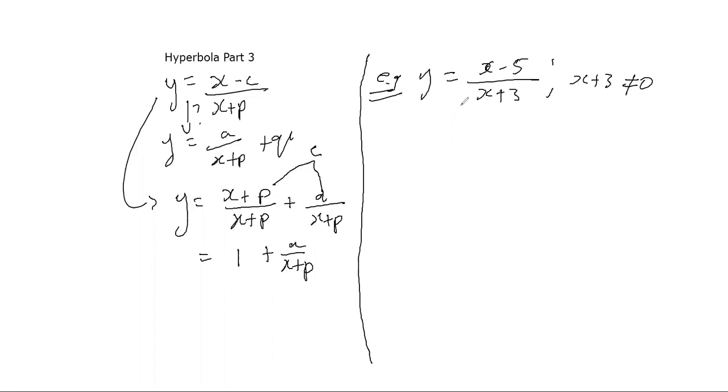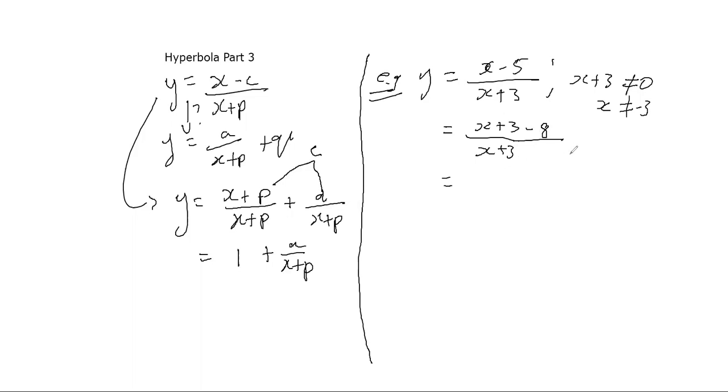That is a very important restriction to take note of. In other words, we don't want x to be negative 3. So the easiest way to get to this is to make sure that I've got an x plus 3. So I must have an x plus 3 over an x plus 3. I want that. Now, the question is, what should I add here to get a minus 5? You can see it's a minus 8, because 3 minus 8 is going to be negative 5.